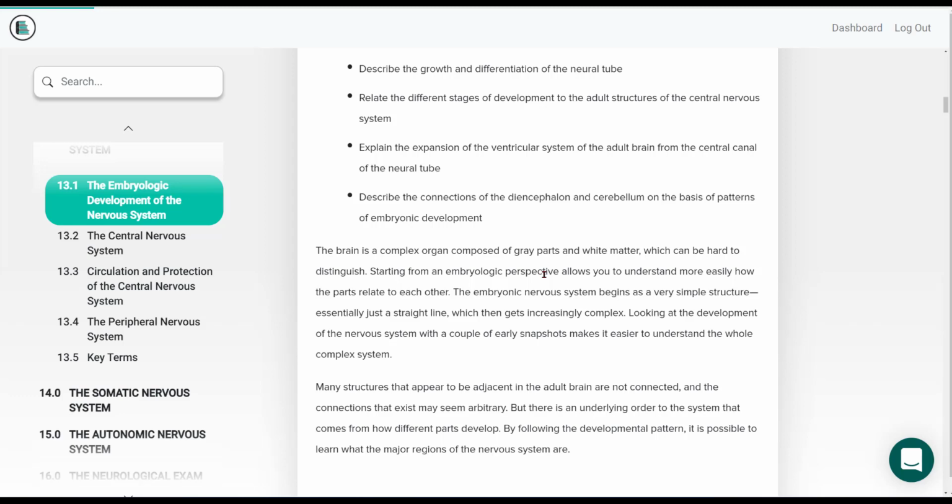So in the early stages of development, the early embryo, the gastrula, is made up of 3 layers. The inside layer, the endoderm, is the layer from which all the tubes, like the digestive system and the respiratory system, are derived.